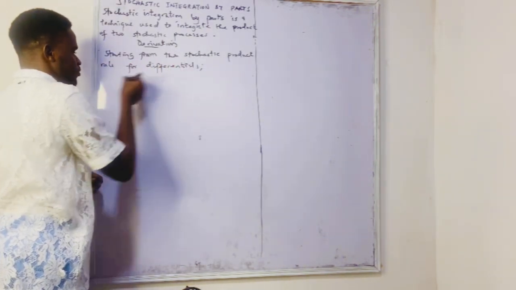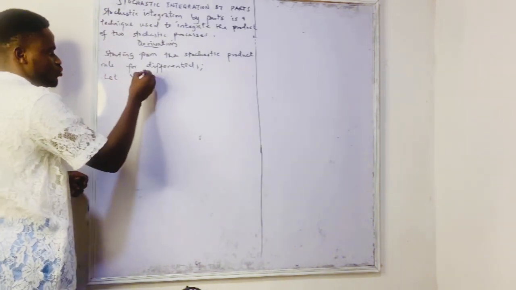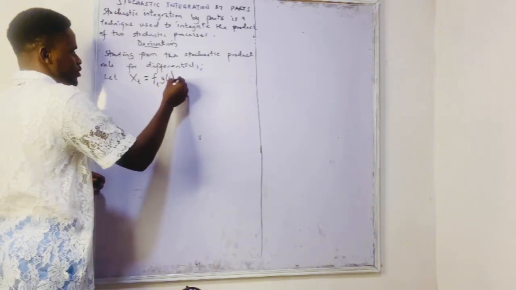Let's have a stochastic process S of t to be the product of f of t and g of W sub t.